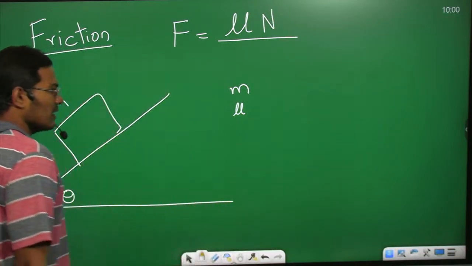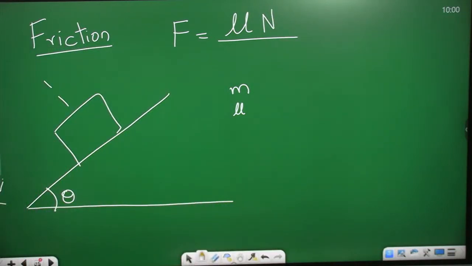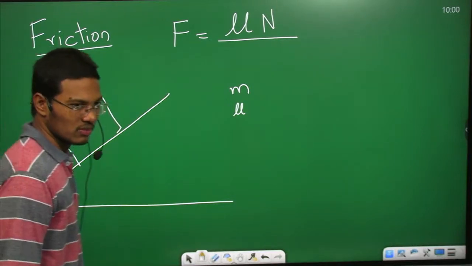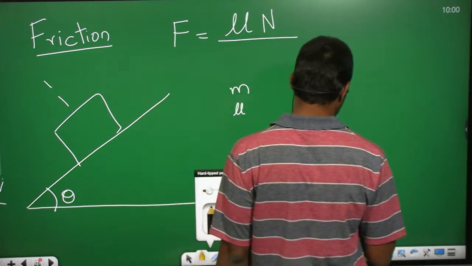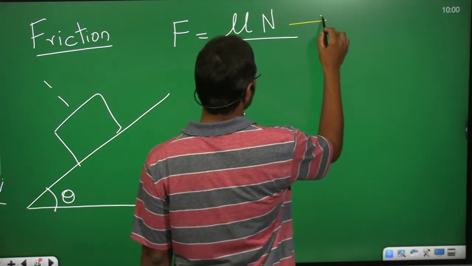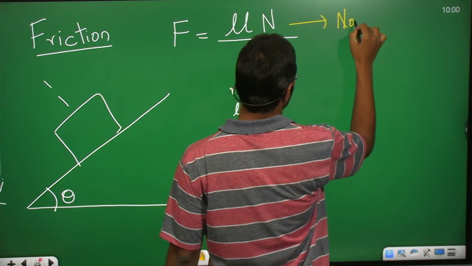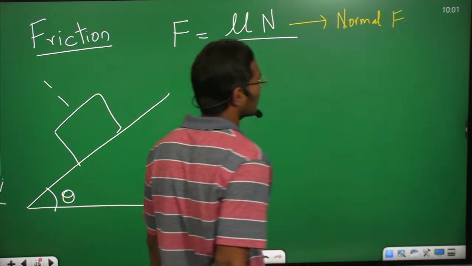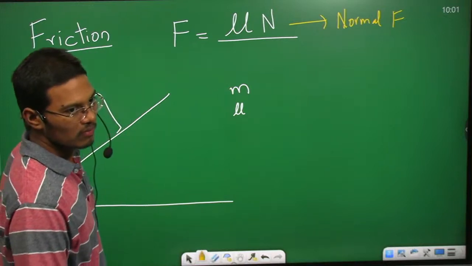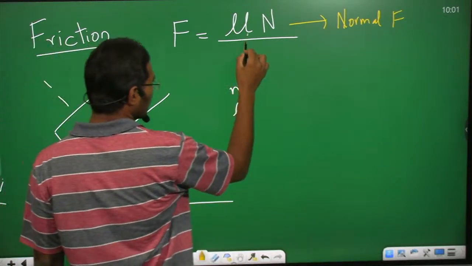So what is N here? Normal force. What is mu? Coefficient of friction.